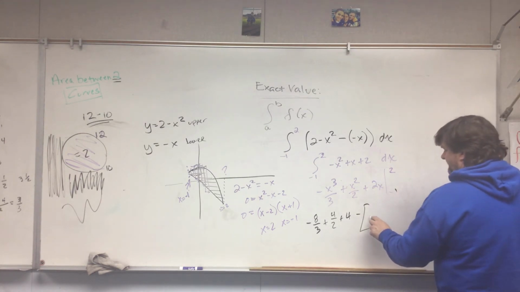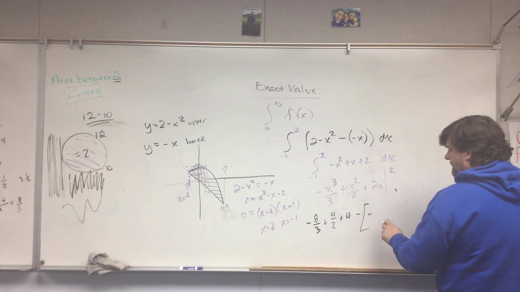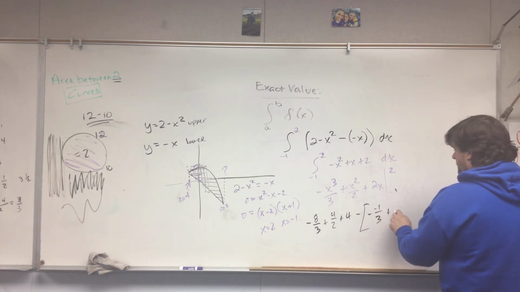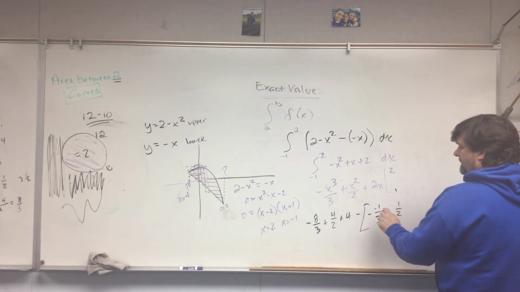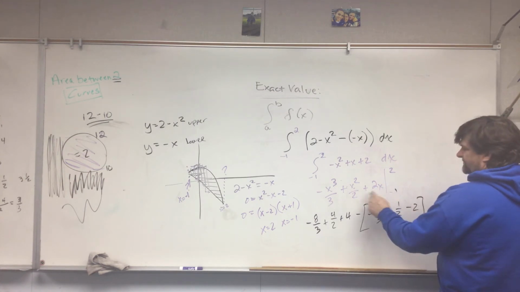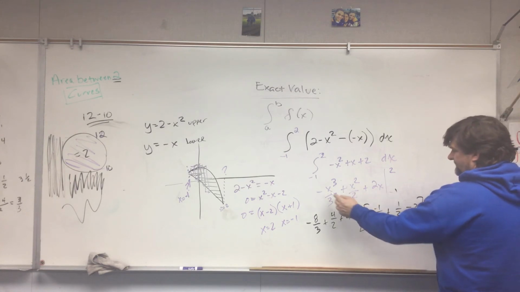We're going to subtract that from -1/3 plus 1/2 plus -2. So I'm just plugging in 1, -1 squared.